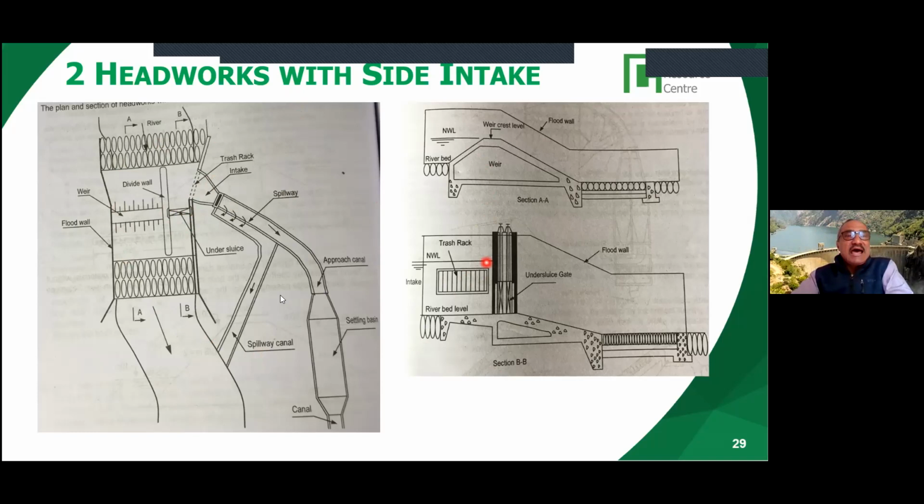So here I will demonstrate to you the key parts of a headwork. So this is the river, as you know. The river is flowing from up to down, as I mentioned, by the arrow.